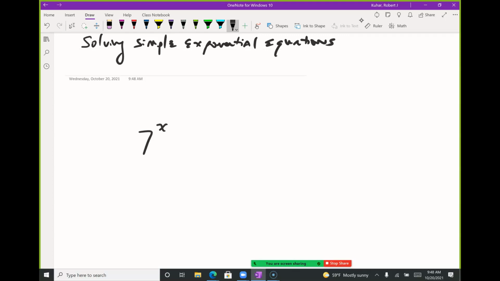If I have 7 to the x equals 7 to the third, I have exponential functions here. They are 1 to 1. Are these y values or are these x values? They're y values. This is the whole function, the outside, right? So what does this have to imply to me? That x equals 3.